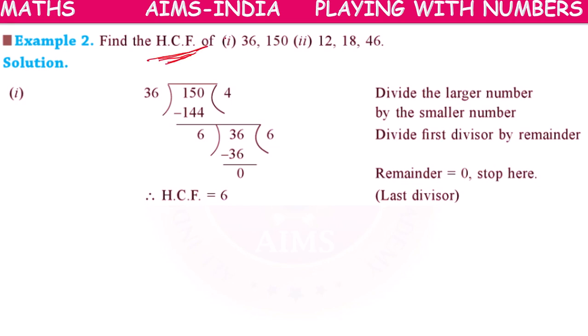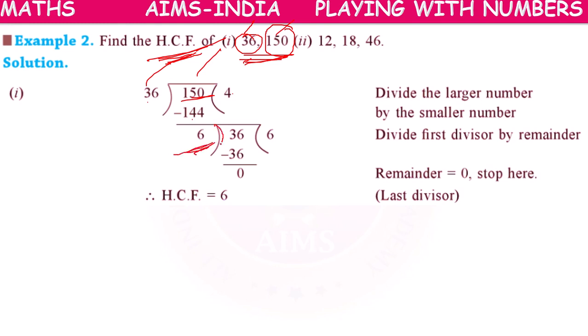So find the HCF of 36 and 150. 150, the larger number, becomes the dividend. 36, the smaller number, becomes the divisor. 36 times 4 is 144. Remainder 6.